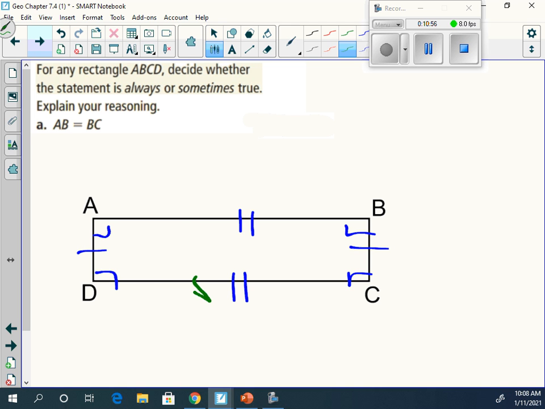We also have 2 sets of parallel sides because it is a parallelogram. Now let's see what the statement is. AB and BC. Is it going to be sometimes or always true that AB and BC are congruent?